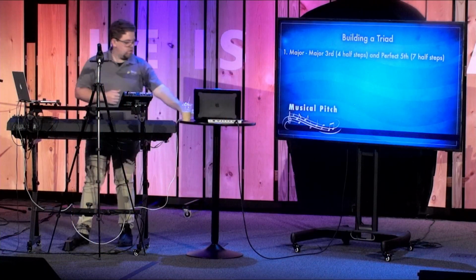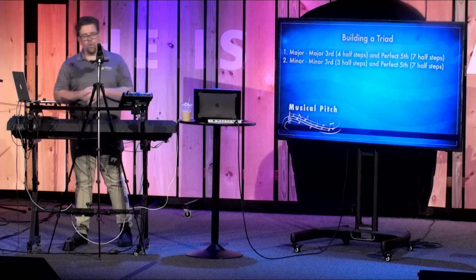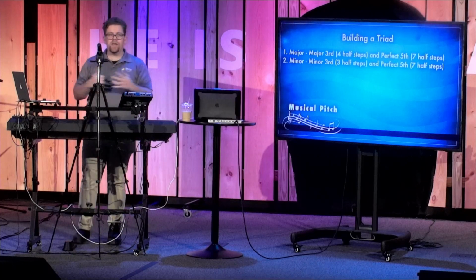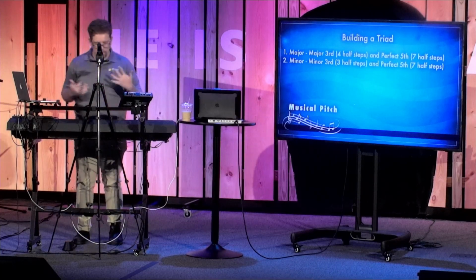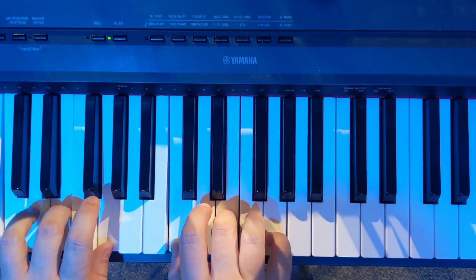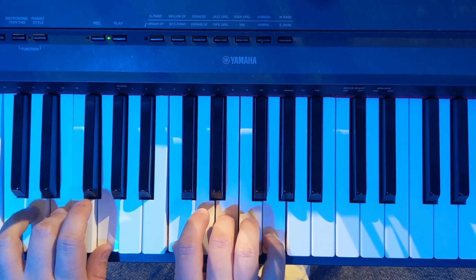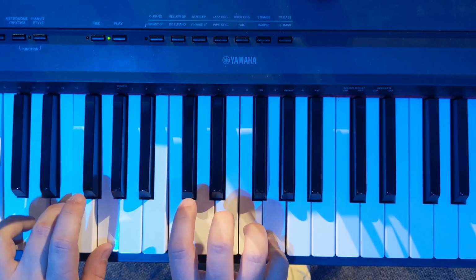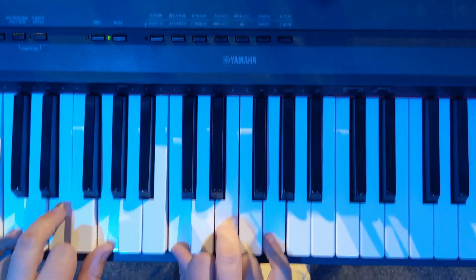So next we're going to move on to our minor chord. Now, if you played a major chord and you wanted to make that chord minor, a good way to talk about that is to say you lower the third right here by a half step.